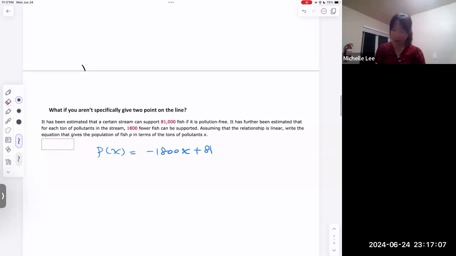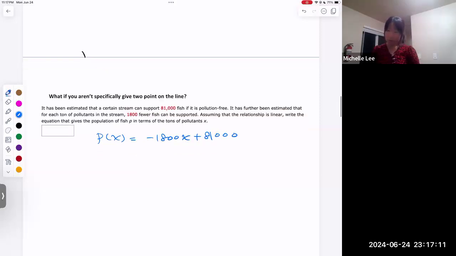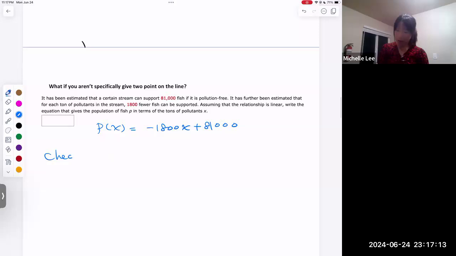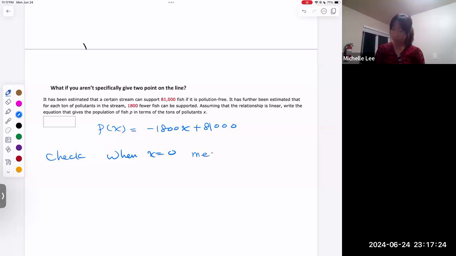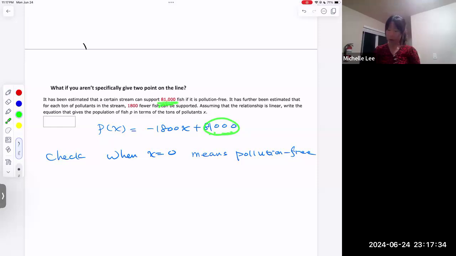So let's check that. When X equals 0, that means pollution free, then we get 81,000. So that is true, right?